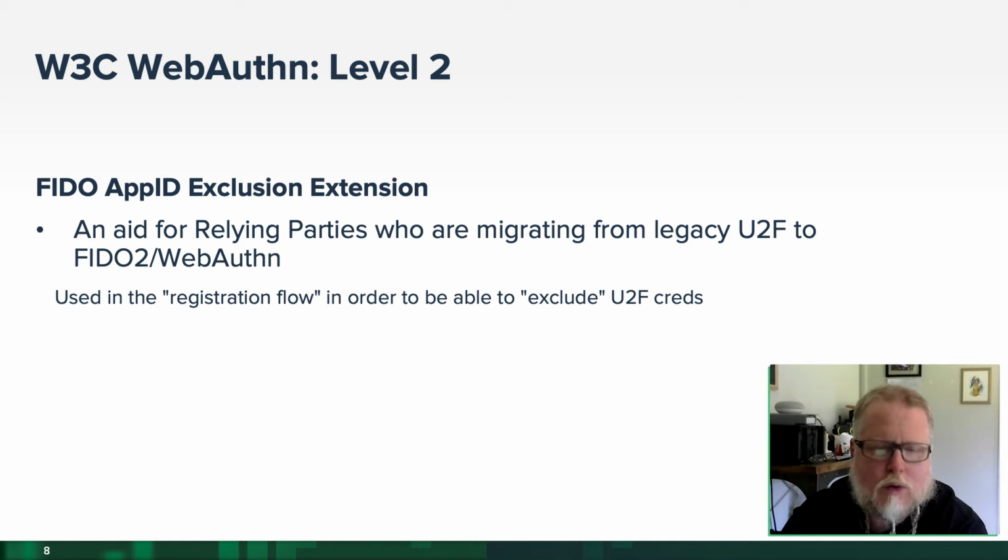So in order to not make new credentials on devices that may have U2F credentials already created on them, we have introduced this App ID exclusion extension. So you can say, as part of your WebAuthn make credential flow, don't make a credential on this.